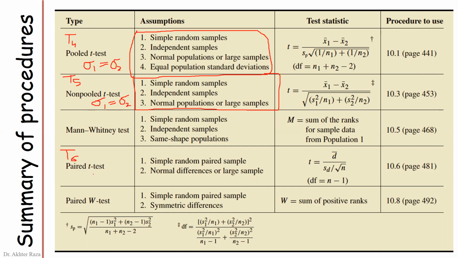Paired sample will be used whenever we have a dependent sample. So these two are independent samples. This one is the dependent sample. One procedure is not here. That is the procedure T3. T3 is the simple Z test for two means, which is not described in this slide.